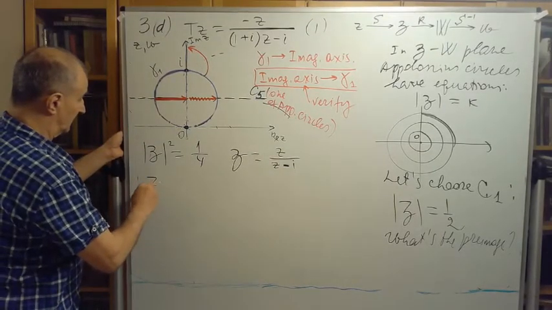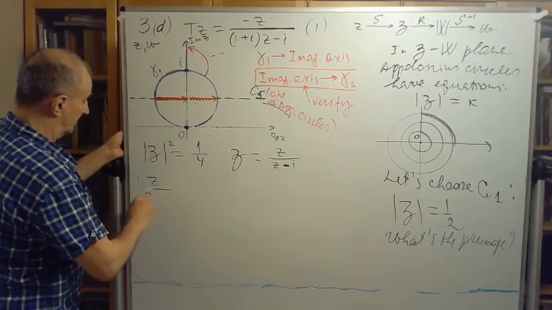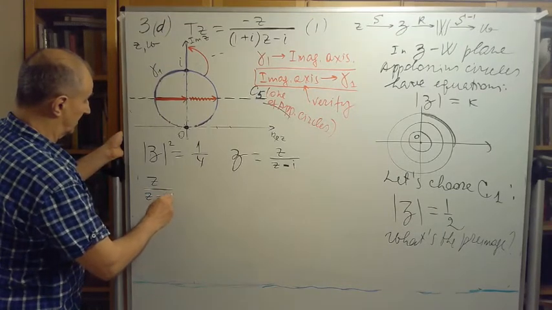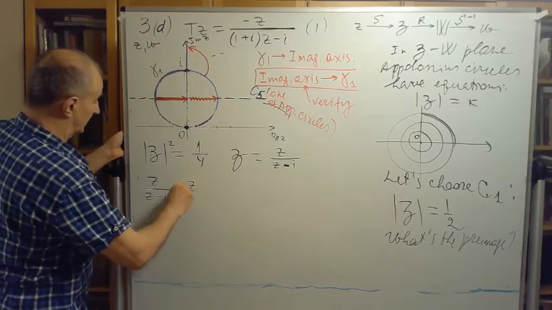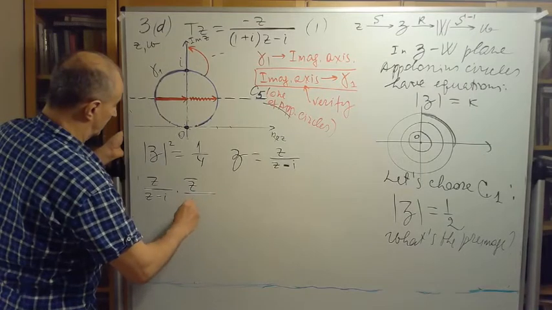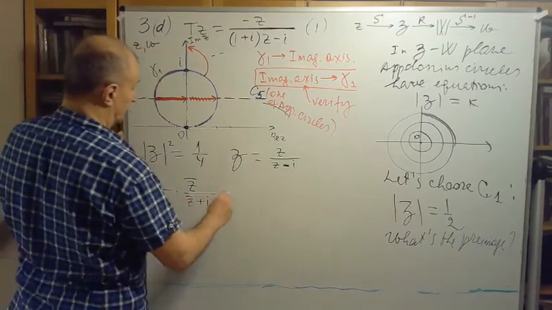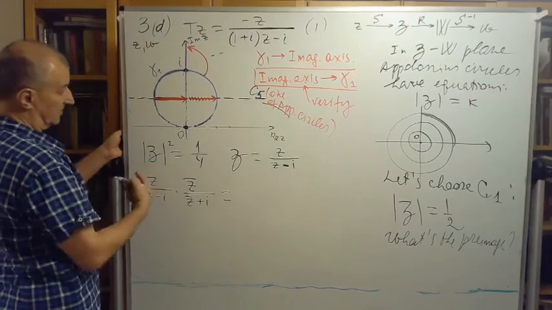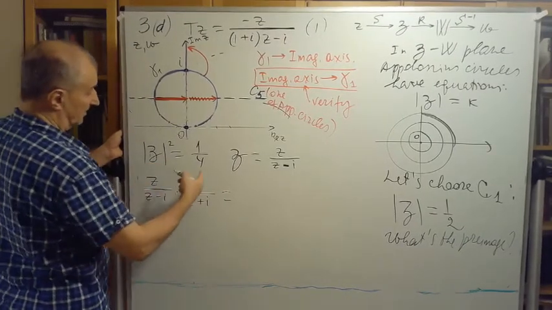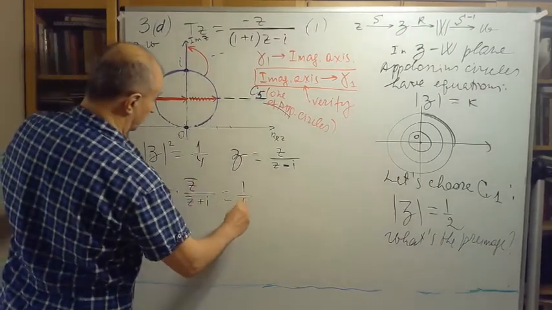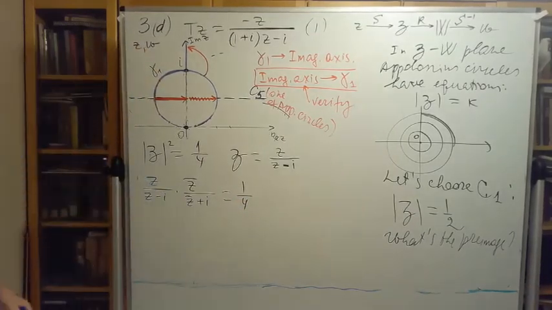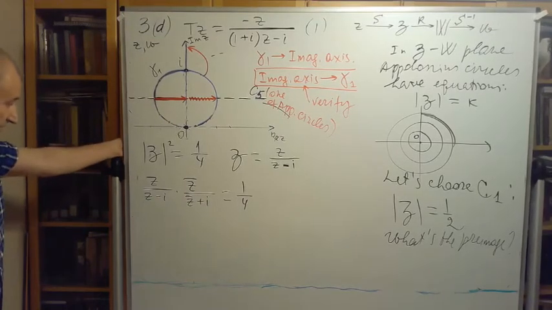So z over z minus I multiplied by z conjugate over z conjugate plus I, this is z times z conjugate over the product, equals 1/4. The calculations are not too long, so let's do it.